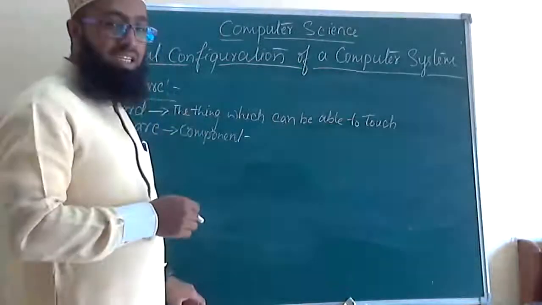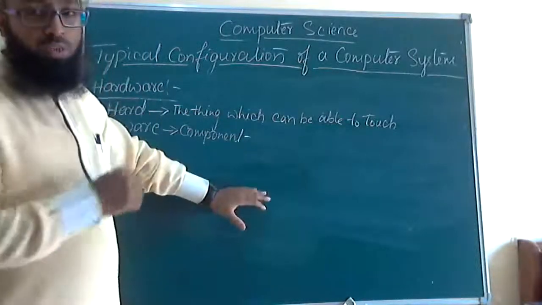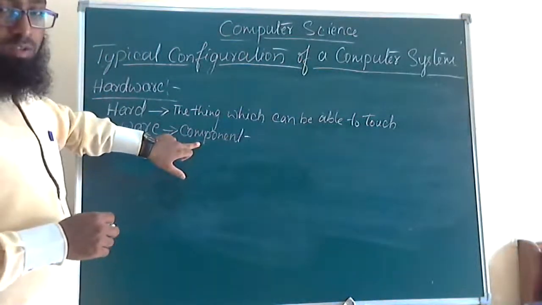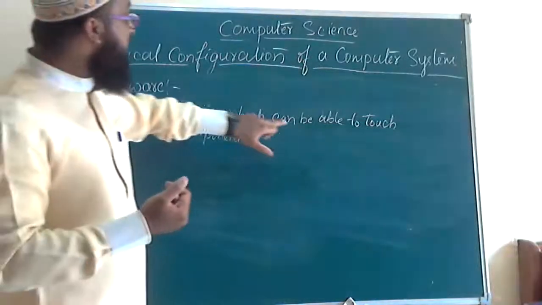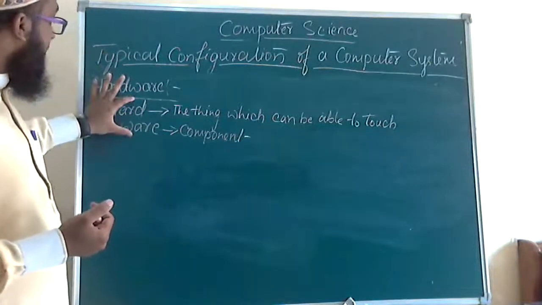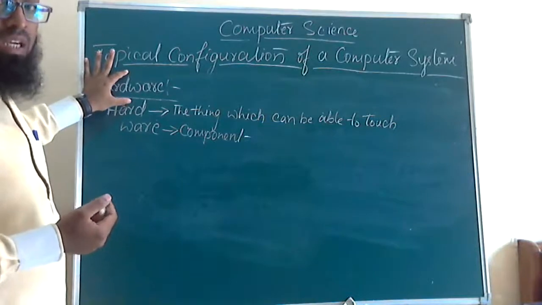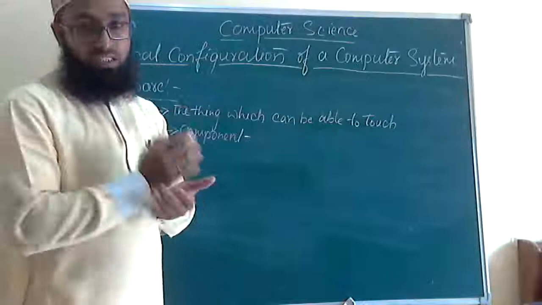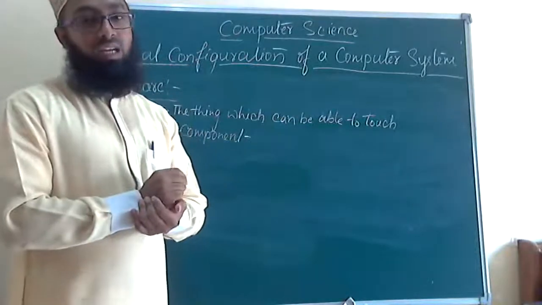If both are here but the duster is not there, then also it will not become the teaching unit. The same thing here: ware means component. Any component of a computer, or the thing which can be touched, is called hard. So by these two things we have come to know that hardware means the components which we can touch. Those components are completely called hardware.